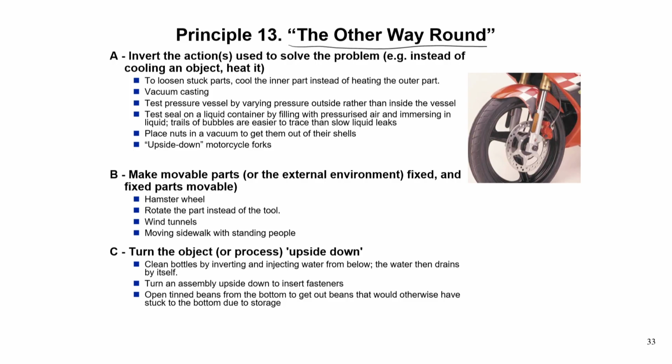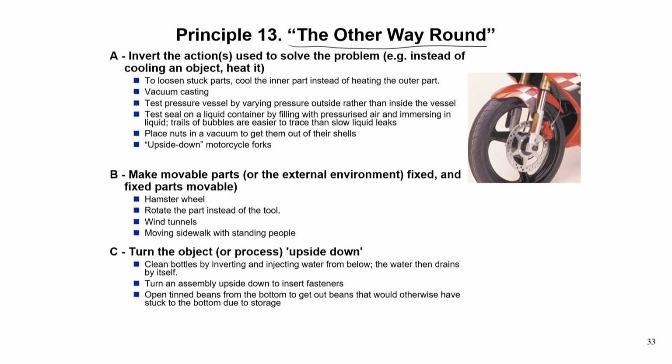The first one is the most important one. What it means is that invert the actions used to solve the problem. Example, instead of cooling an object, heat it. To loosen the stuck parts, we generally cool the inner part instead of heating the outer part. So, that way you can release it.